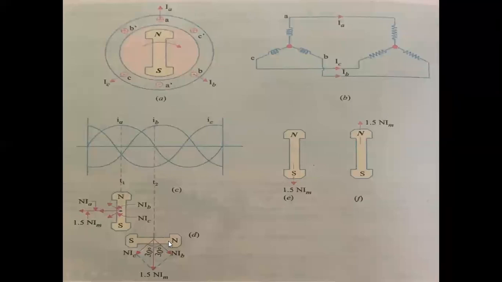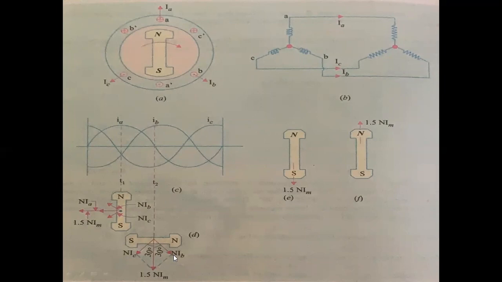So armature MMF is equal to N into IM plus 2 into 1/2 into N into IM into cos 60, which is equal to 1.5 NIM.